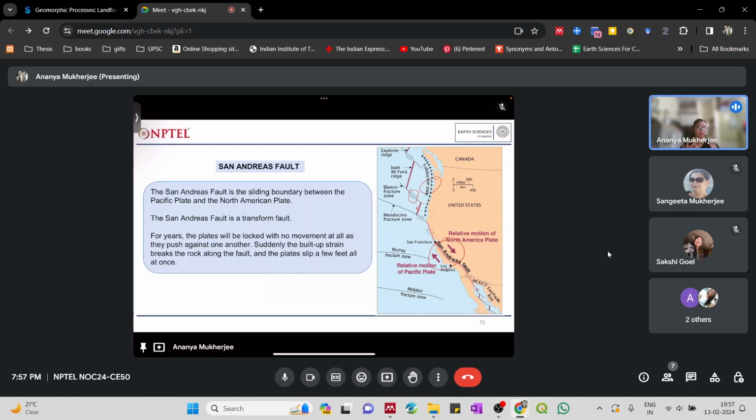This way you can see that all different kinds of plate boundaries can exist in an areal extent, and they can have different combinations, and because of the relative movement to each other, a different kind of tectonic setup is created.